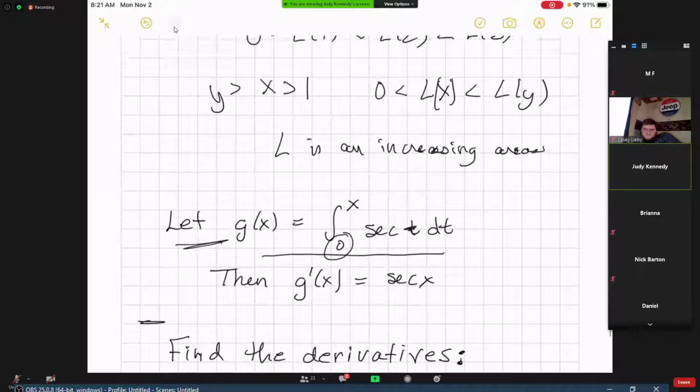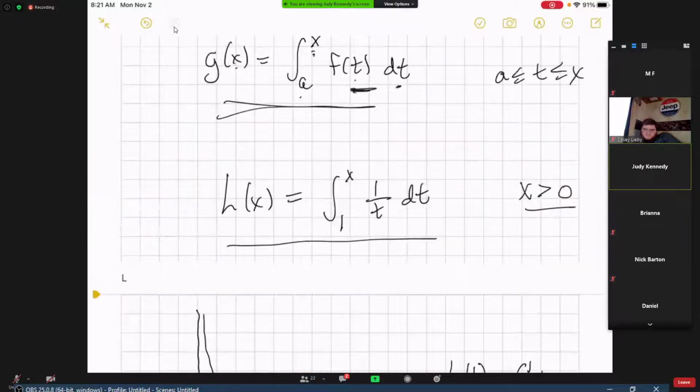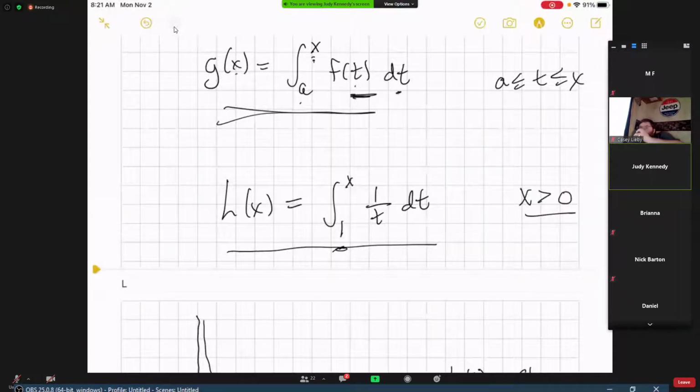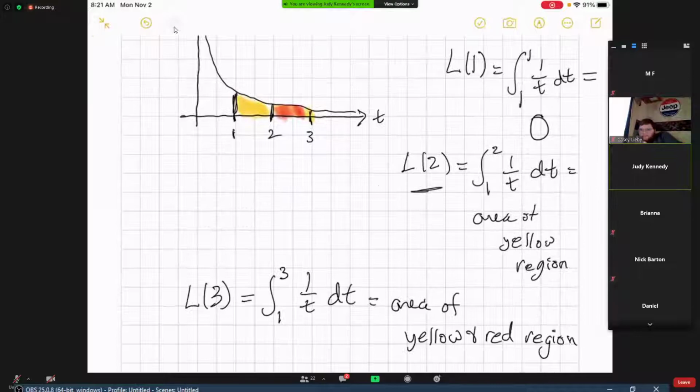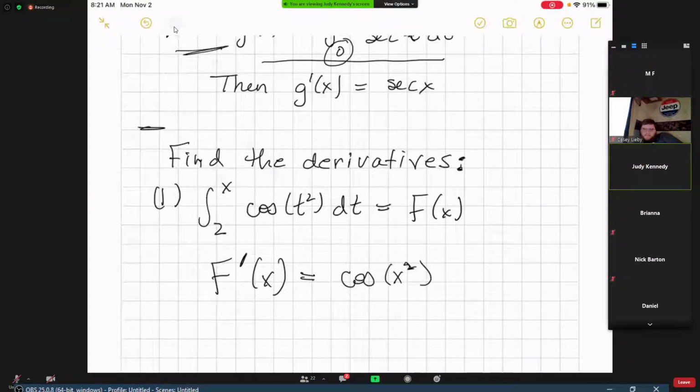It was 1 for this L of x. Okay. In this problem, it's 2. It doesn't matter what that number is. What does matter, you have to have your constant. Your constant has to be the lower number.